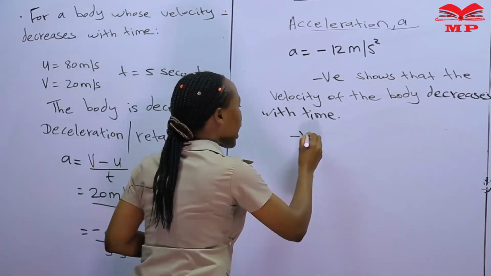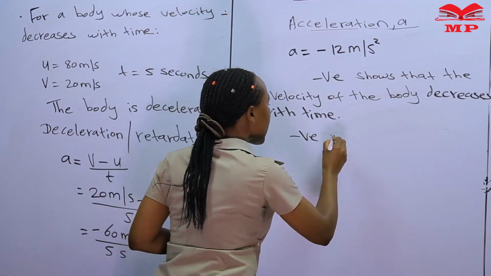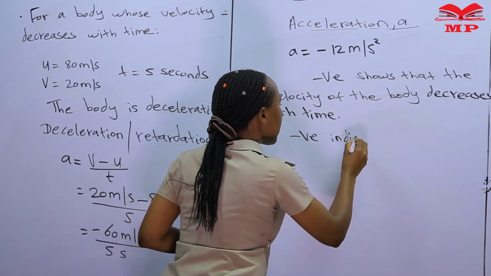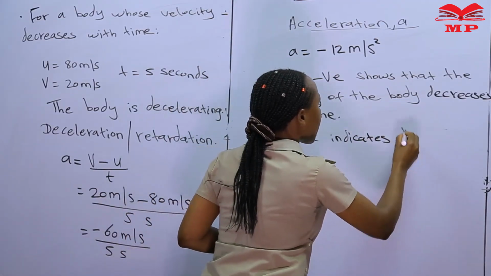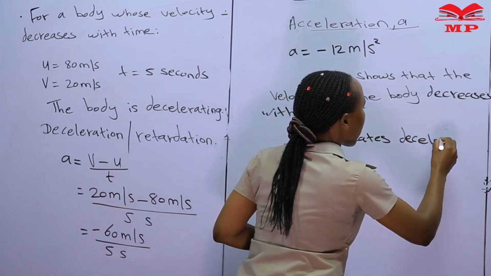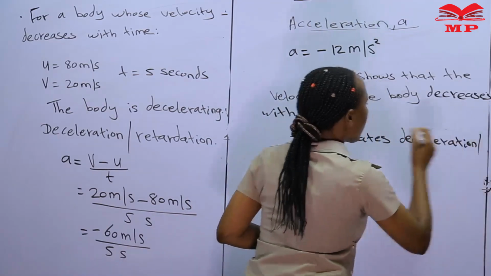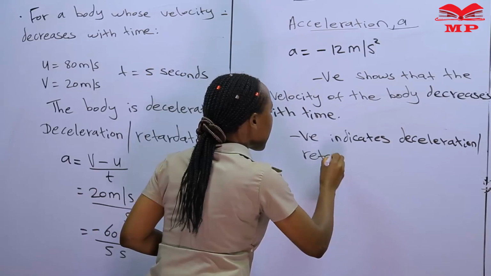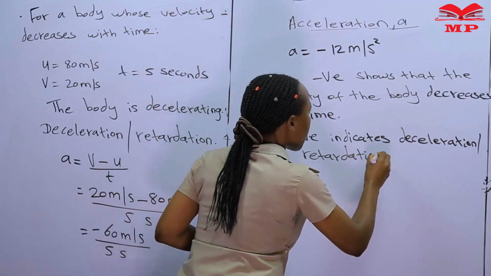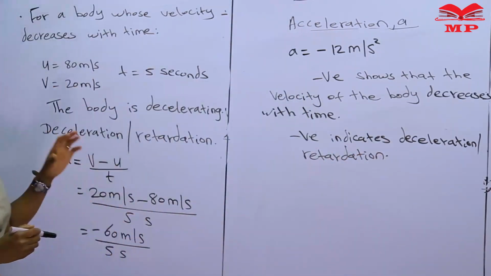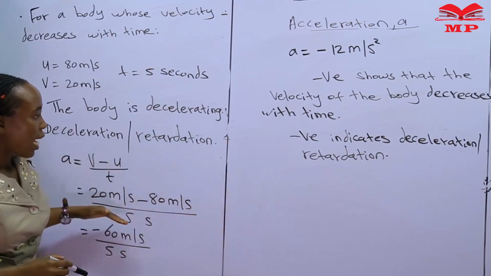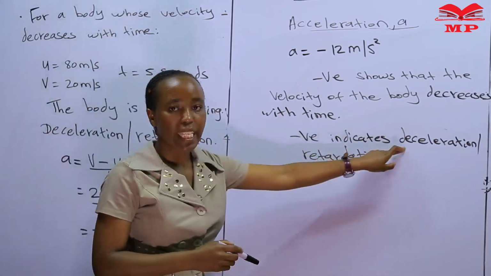And therefore this negative indicates a deceleration, or simply what we are calling the retardation. It indicates that it is a retardation or a deceleration.